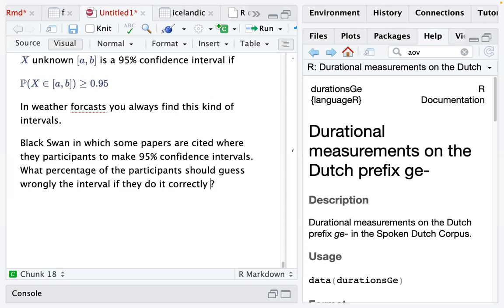So do you have an idea? You ask people randomly to create a confidence interval. You look at 100 of them. Each one is sure at 95% that the interval he chose is a good interval.